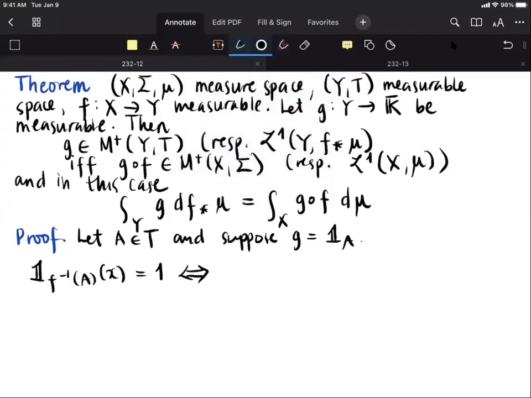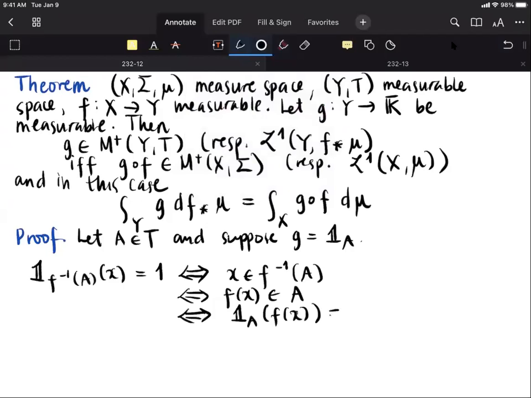if and only if, of course, x must be in the inverse image. And we know that this is equivalent, by the definition of the inverse image, to f of x in A. And in terms of a characteristic function, this is equivalent to the characteristic function of A evaluated at f of x equals 1.